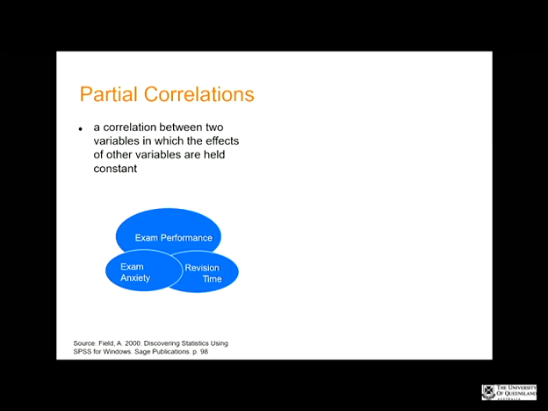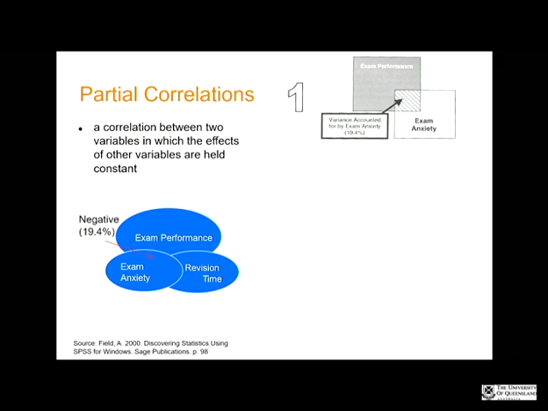The way you would do this is you look at two variables at a time, so you're keeping the other one constant. So you'd say the variance accounted for by exam anxiety is 19.4%. That's the variance of exam performance by exam anxiety.